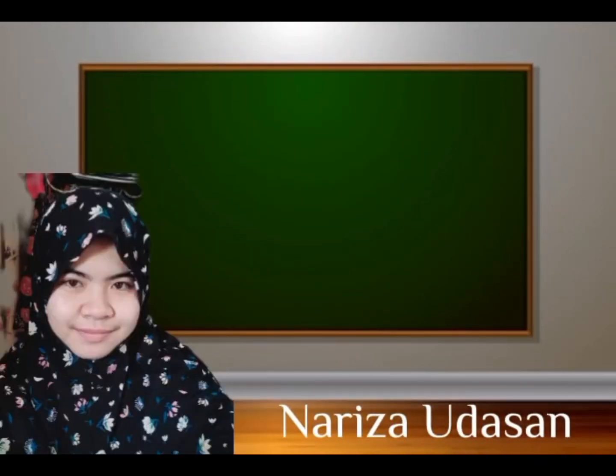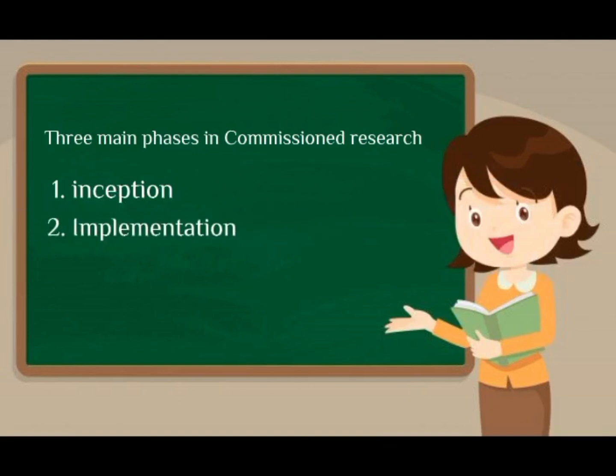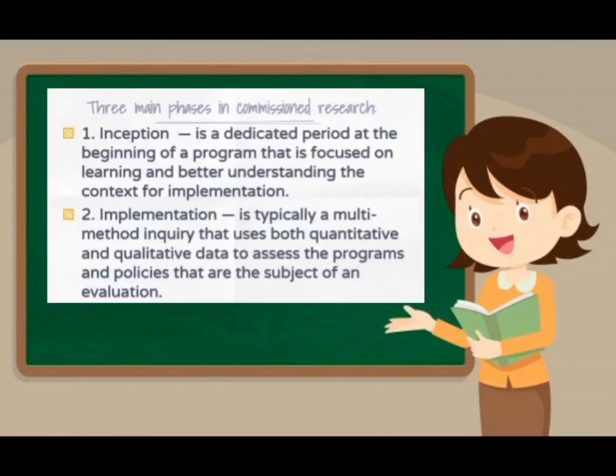We are going to proceed to the three main phases in commission research. First, we have inception. Second, we have implementation. Third, we have dissemination. First, the inception is a dedicated period at the beginning of a program that is focused on learning and better understanding the context for implementation.